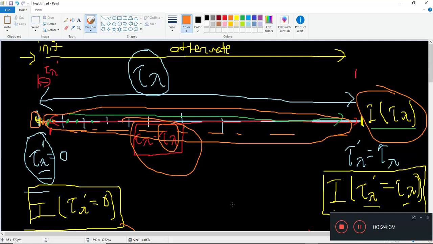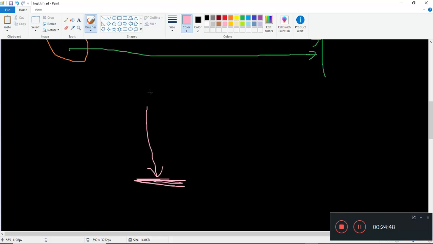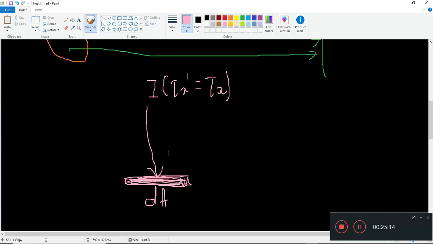And of course, if you think hard enough, let's say you have tau lambda prime equals tau lambda, and some incident radiation impinging on surface dA. Okay, sure, there is some radiation coming onto this surface from a particular angle theta.